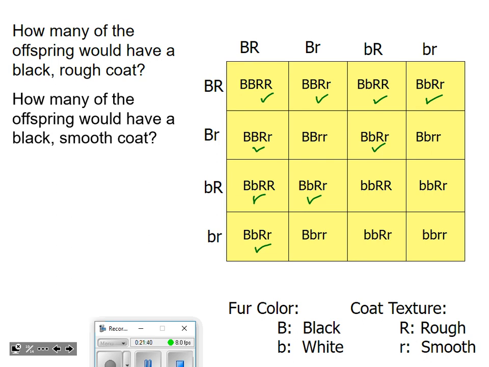So I look through here, and where do I find dominant B with lowercase r? Right there. Those are all of them, right? How many did I have? 3.